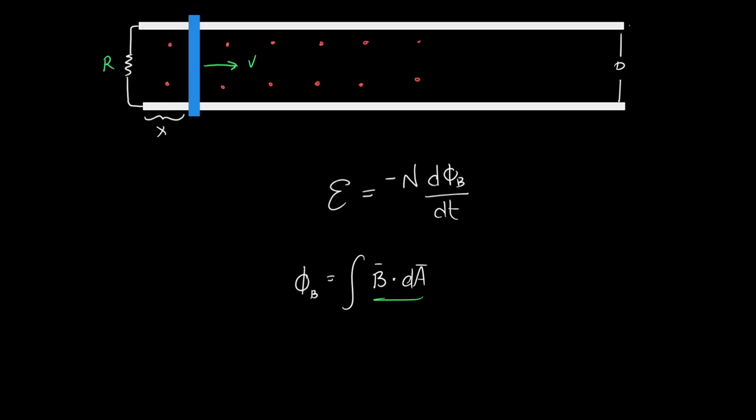So hopefully you recognize that just from looking at this, I think I just write the result as B times x times d times the cosine of 0 degrees. I don't need to integrate.